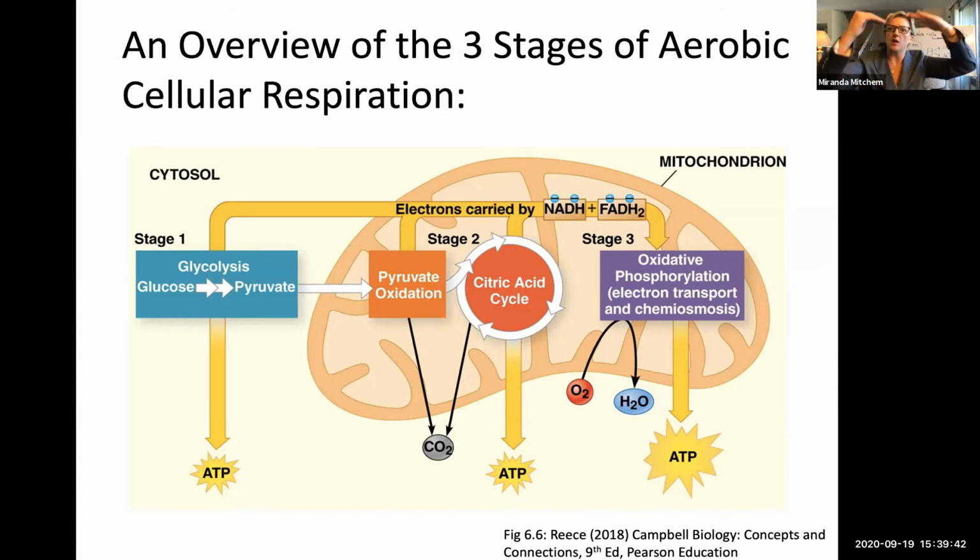We're looking at the overall sum reaction of cellular respiration, as well as at each step, each stage. Glycolysis happens in the cytosol, but everything else happens in that inner mitochondrial membrane. Here's the source for this figure. They come out of that Campbell Biology, which is very commonly used for the intro bio classes.